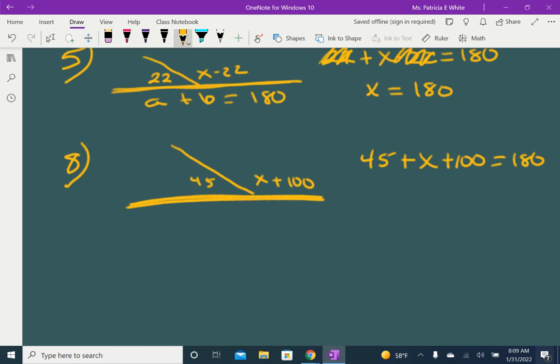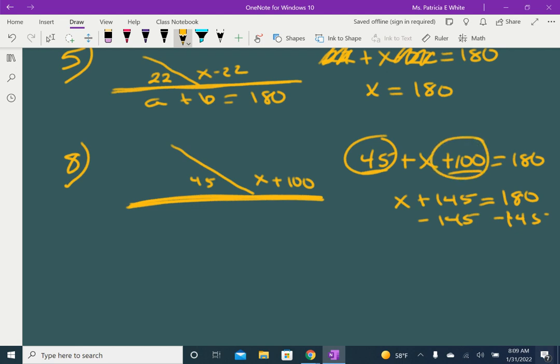Again, always looking for that straight line. So I have 45 and 100, so X plus 145 equals 180. One step this time. Remember, 45 and 100 are both constants, so that makes them like terms. So we put them together. 45 plus 100 is 145. Now just a one-step equation, getting rid of that.